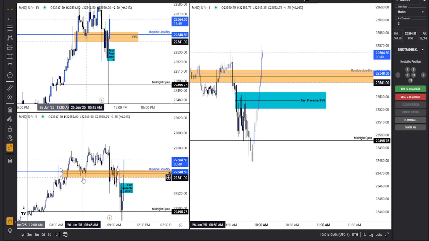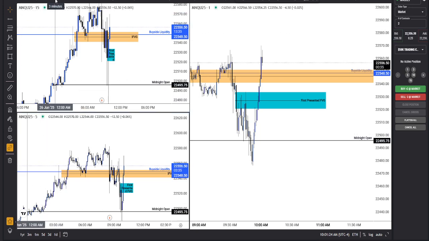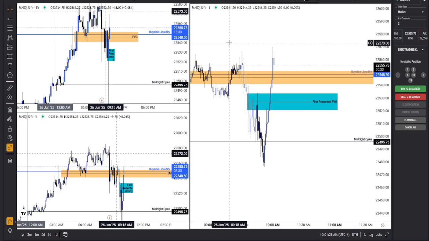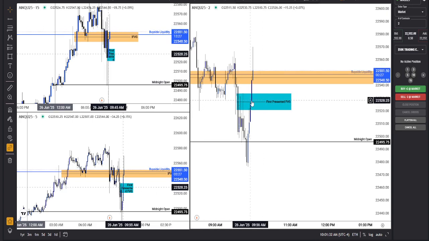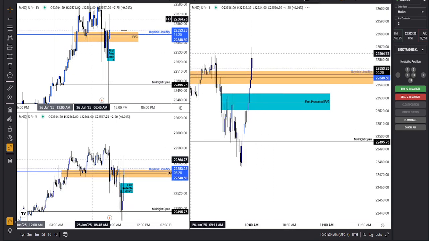It's very strange. It's doing a reclaim for the value gap, it seems like. Very suspect too. We inverted this, yeah, the fair value gap there.